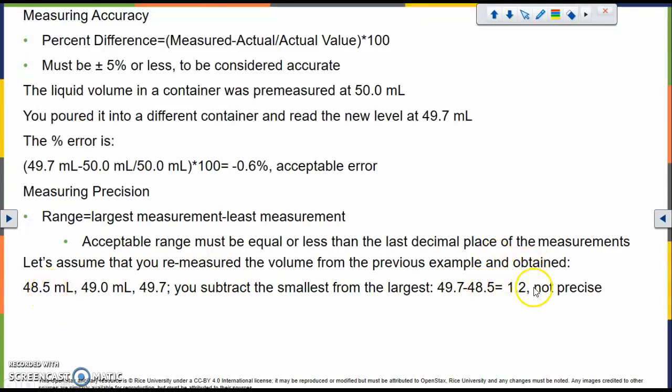In order for this to be precise, your range has to be less than or equal to the tenths place. So if this answer was 0.2, yes, this is precise. But since this is greater than the tenths place, this is in the ones place, this measurement is not precise. So be very, very cognizant about these two mathematical formulas, and I will give them to you if you do need them, especially during laboratories.